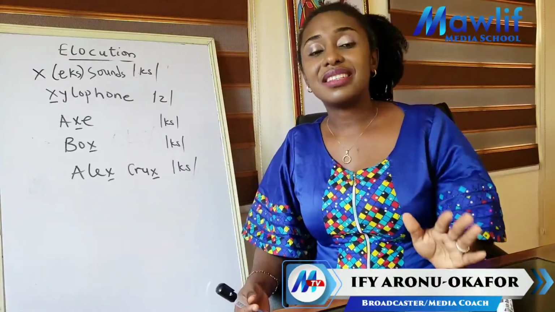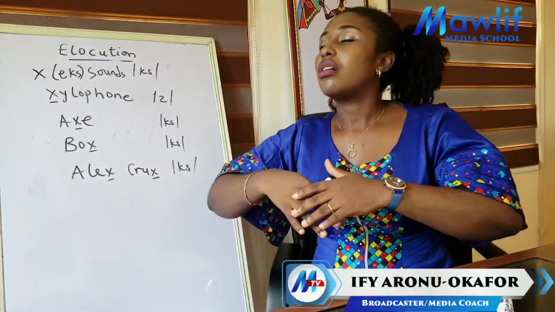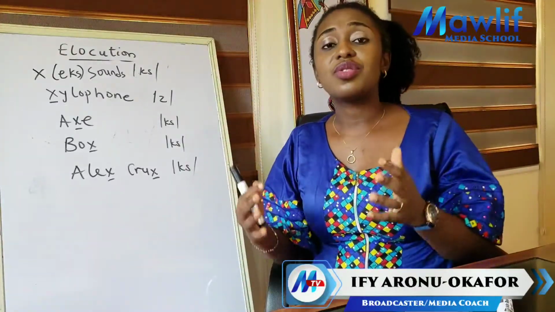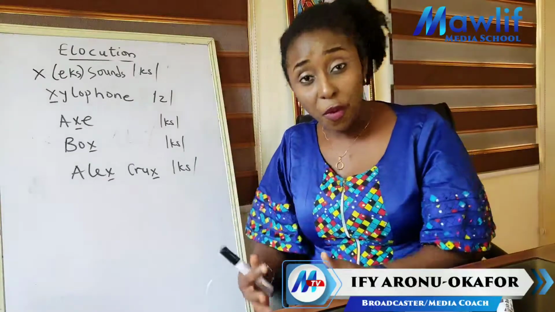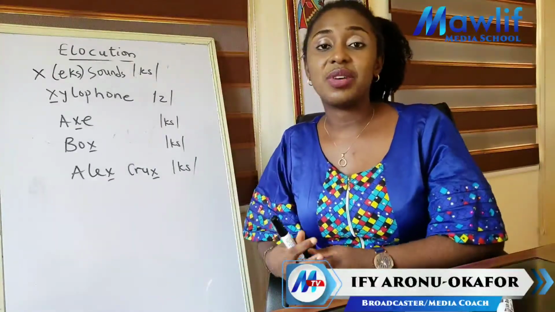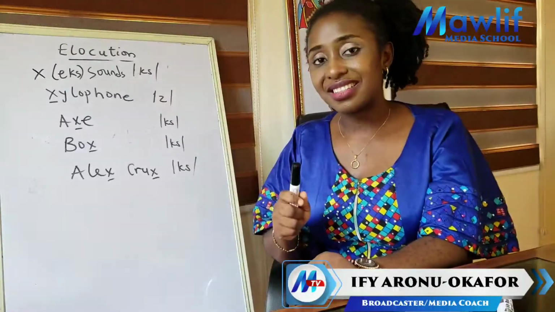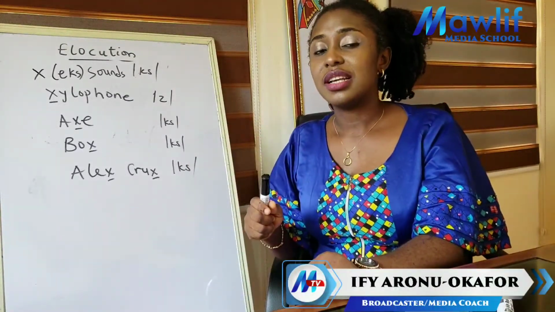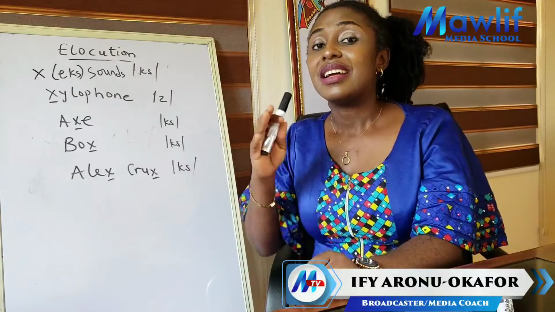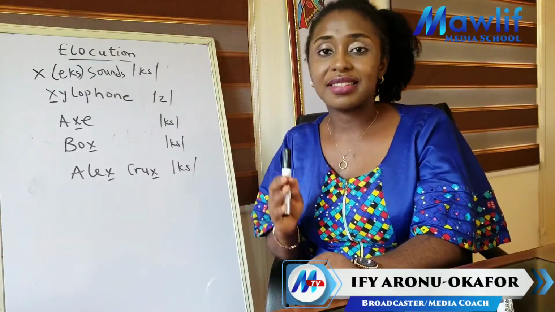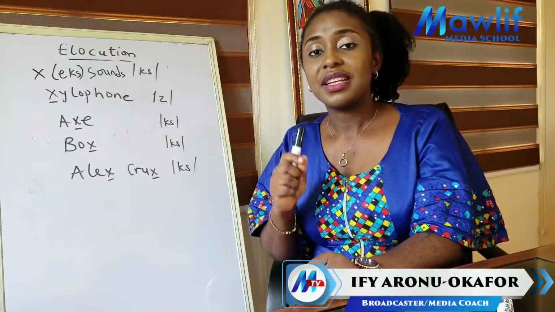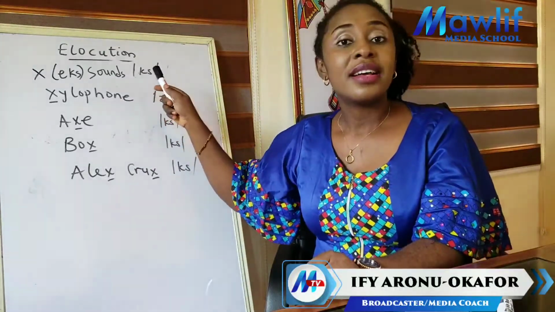Now, for each of the letter names, you now have sounds, sounds numbering up to 44 in the English language and in phonetics. So the sound of X in most words is Ks. Say Ks, K and S.